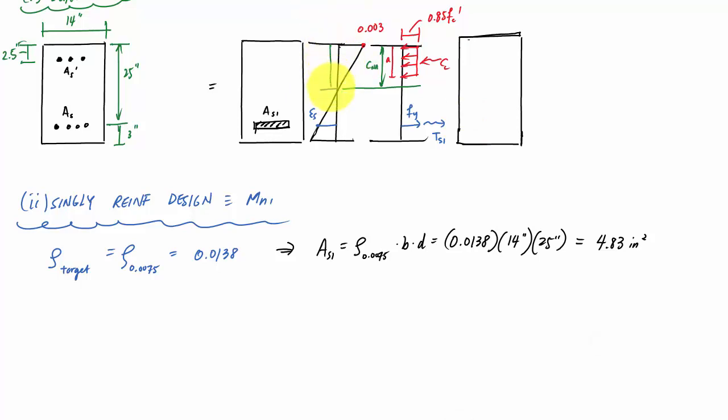Do I know the depth to the neutral axis, c_NA? Yeah, by similar triangles, because I know epsilon s based on my reinforcement ratio. I know this point right here is 0.0075, right?